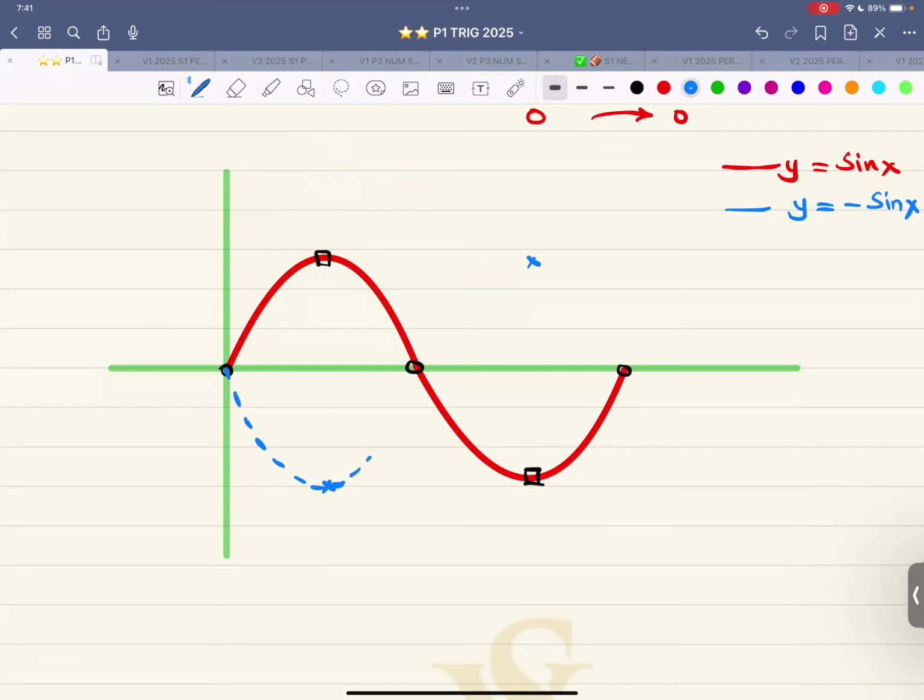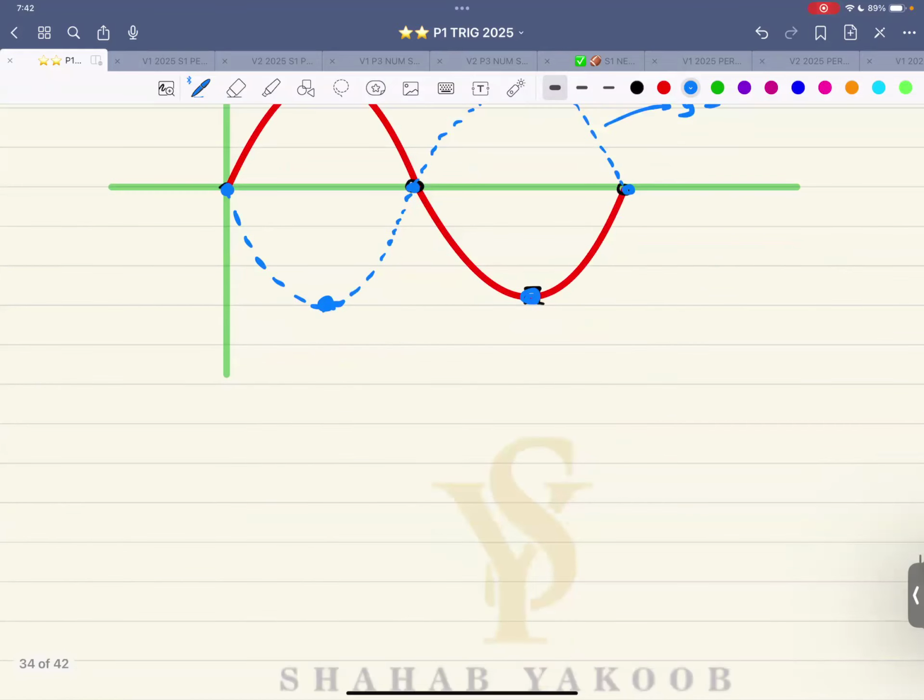I'm drawing it dotted. Just have a feel for it. So now y is equals to negative sine x. Positive became negative. Negative became positive. Zeros remain as zeros.